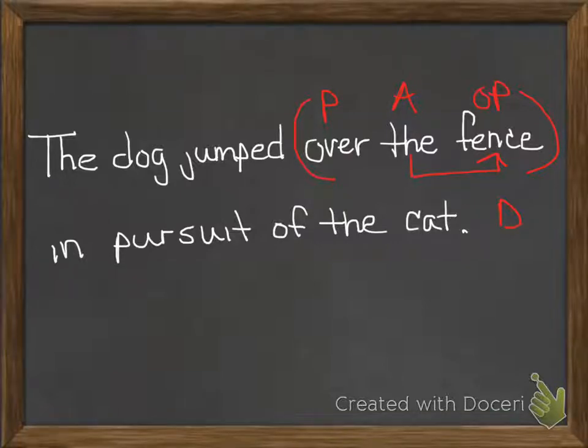Is it a prepositional phrase? And again, this is tricky. We want to make sure that we look and see if this indeed is followed by an object of the preposition. Okay?